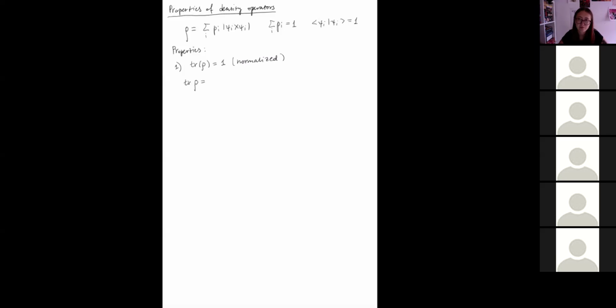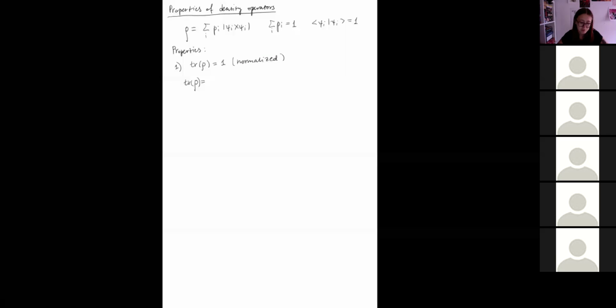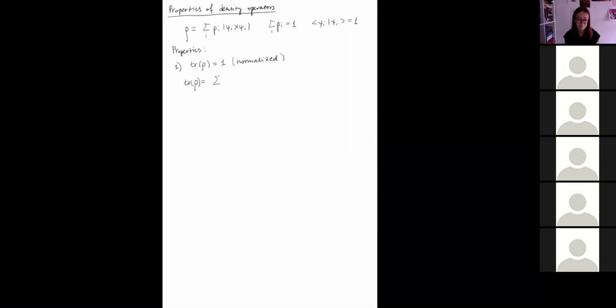Let us write what the trace of rho is. The trace of rho is summing the diagonal elements of this matrix, where each diagonal element is the matrix multiplied by the corresponding bra and ket of the row or column we're looking at.